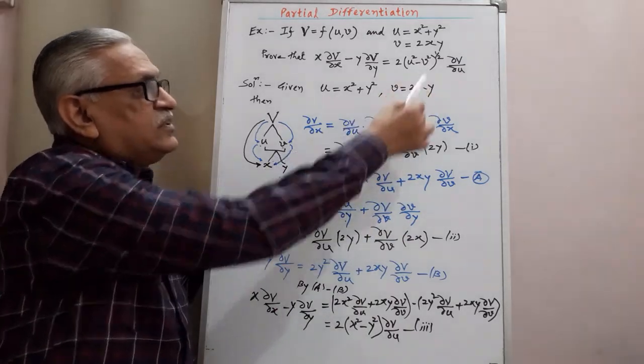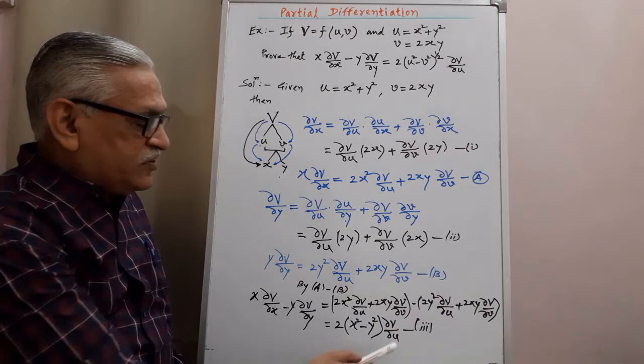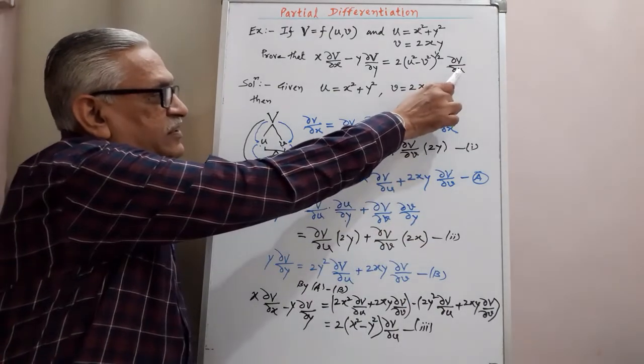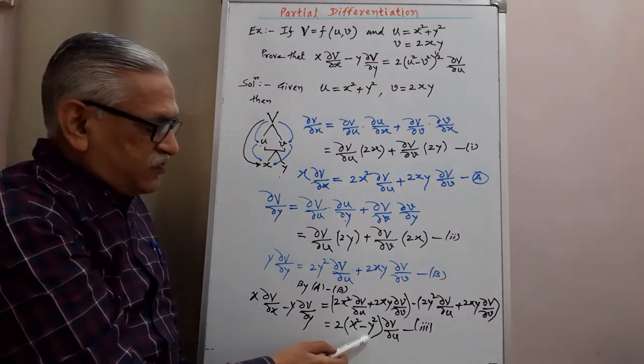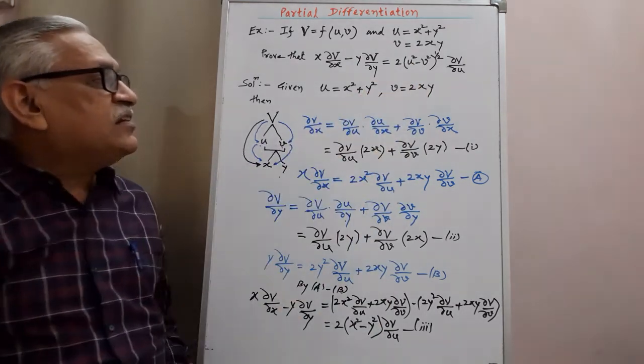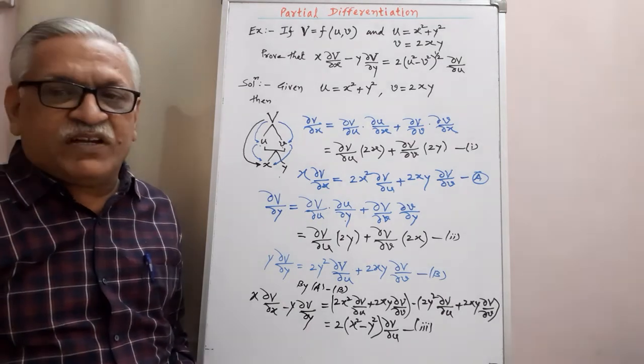Instead of that, we want (u² minus v²) raised to 1 by 2 into ∂v/∂u. Means we are getting this term; only we have to convert x² minus y² as (u² minus v²) raised to 1 by 2.